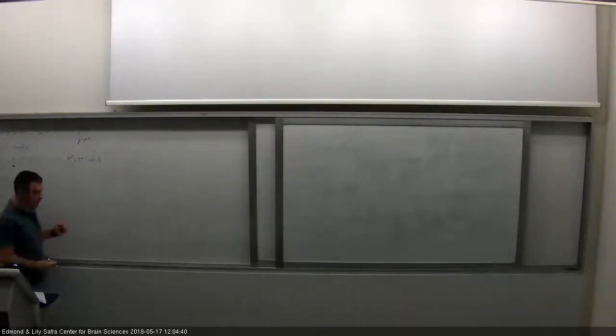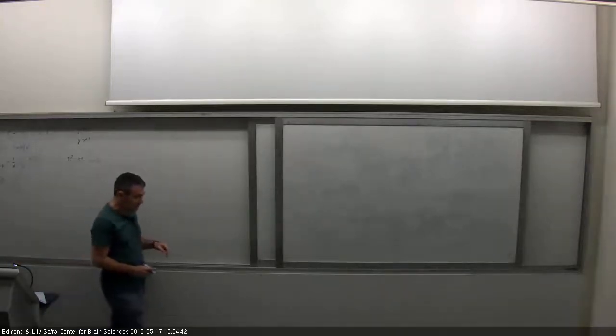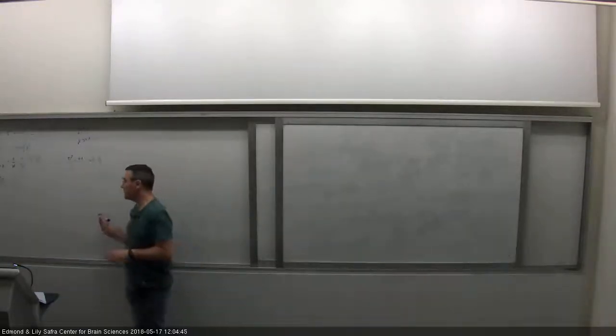So we asked a simpler question. We weren't looking for all the fixed points. All we did was to ask whether these patterns are a fixed point in the limit of beta going to infinity.